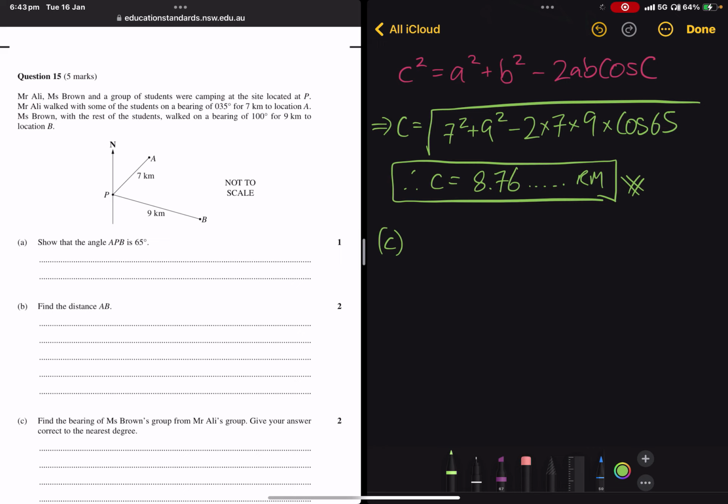Now there's a third part to this question. Find the bearing of. Before I go over this question, bearing questions can have very unusual wordings. So if you encounter bearings questions that are based on trigonometry or multiple items that have multiple different positions and you're finding angles between them, read the question very carefully, because changing the order of the words or changing one word can completely change what you are being asked.